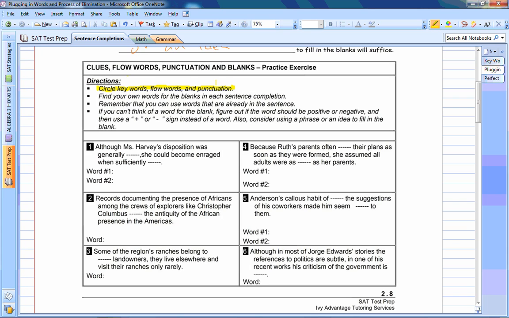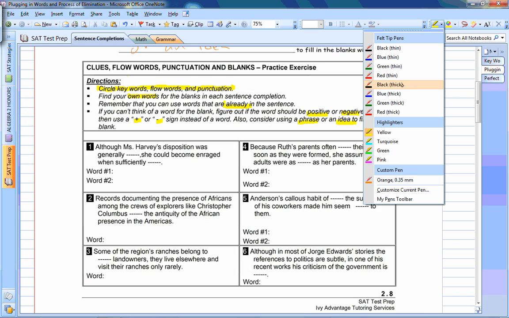Of course, we're going to try to find your own words to fill in the blank. You can use words that are already in the sentence. If you can't think of an exact word, sometimes thinking about a positive or negative word could help, so putting plus or minus signs might not be such a bad idea. And again, consider using a phrase or idea to fill in the blank. So let's now try some of these problems here.